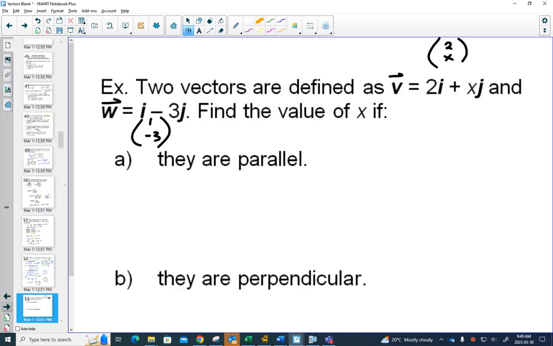So here's that idea that I talked about before for parallel that's really going to help you with this question. If they're parallel, then 1 and -3 and 2 and x have to be related, that one is a multiple of the other.